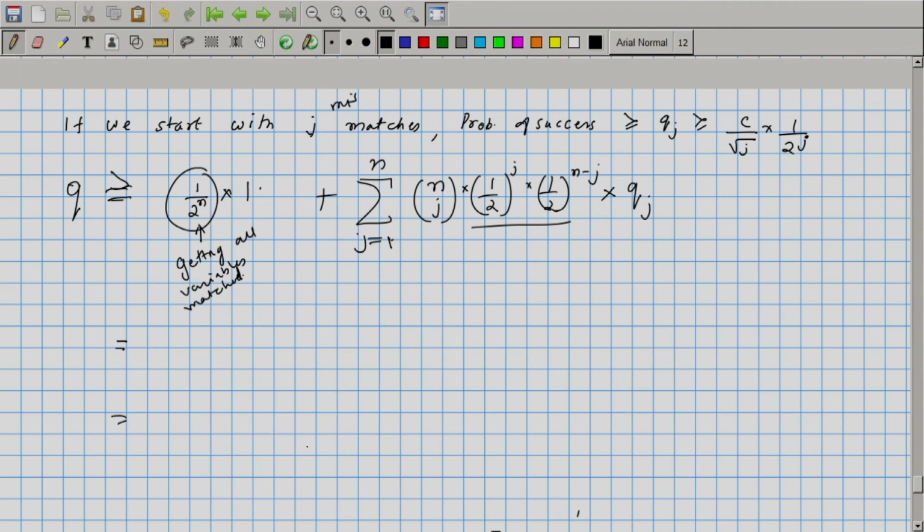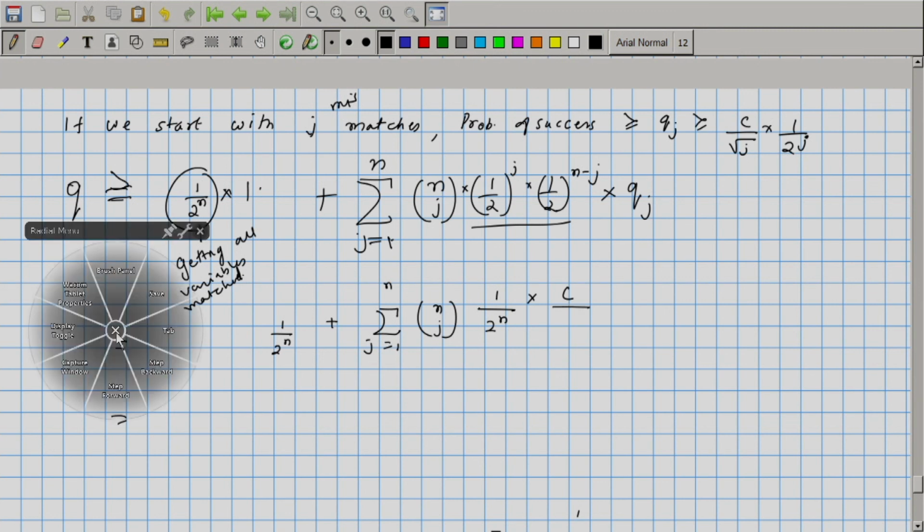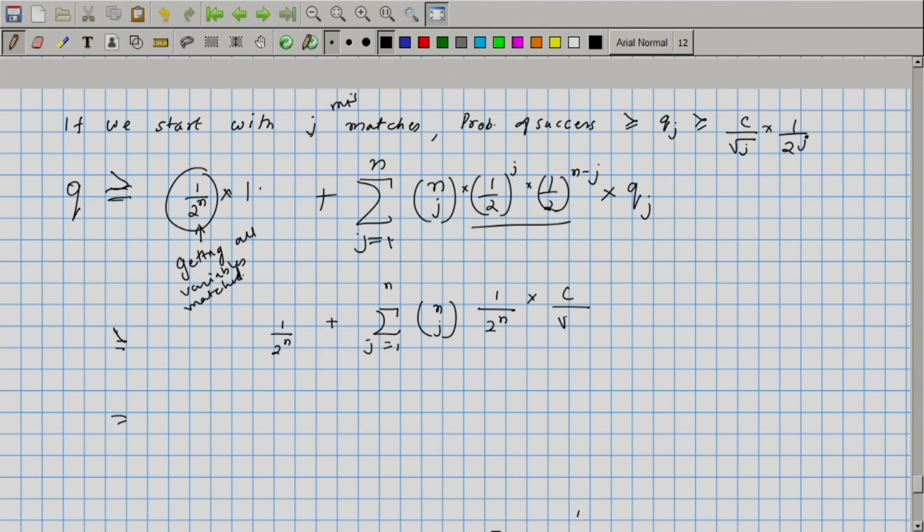So, we just plug in the values 1 by 2 raised to n plus summation j equals 1 to n, n choose j, 1 by 2 raised to j and 1 by 2 raised to n minus j, we will get 1 by 2 raised to n into qj is going to be c by root j. So, instead of root j we can just replace it by root n into 1 by 2 raised to j.